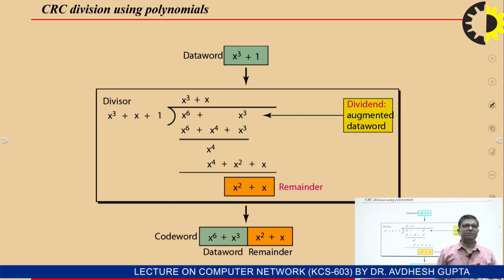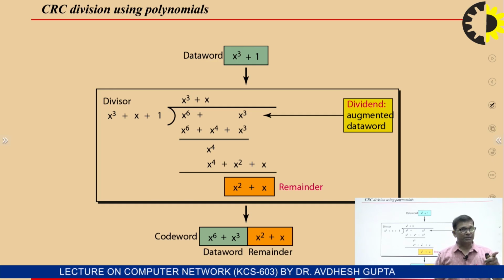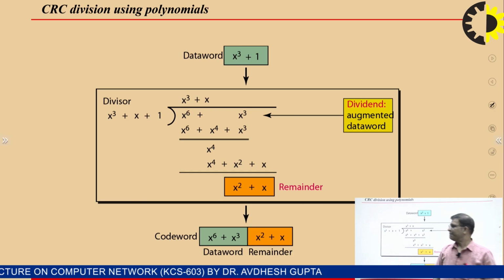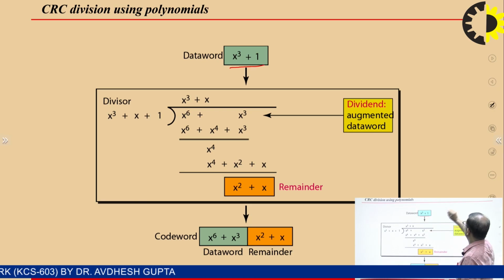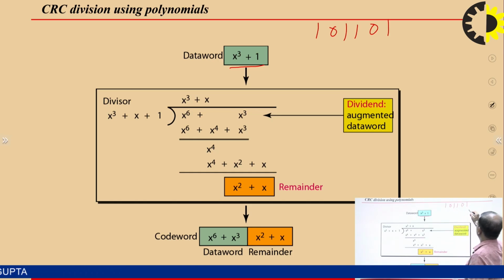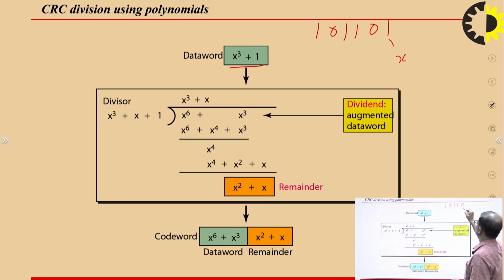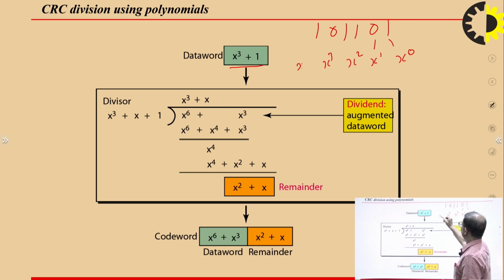This method can be done using a polynomial generator also. For example, take 1, 0, 1, 1, 0, 1. The positions are x to the power 0, 1, 2, 3, 4, 5, and so on.